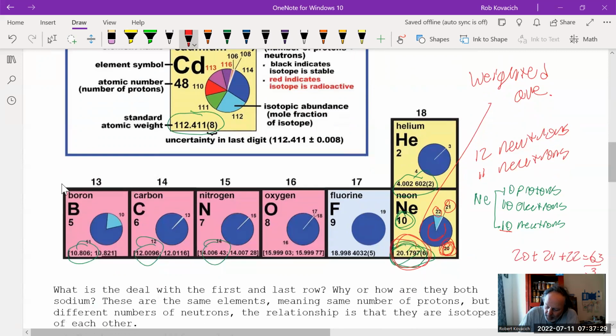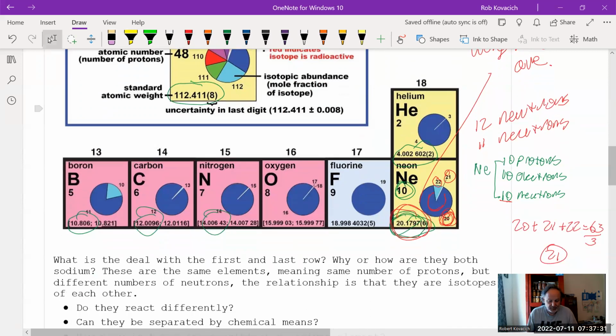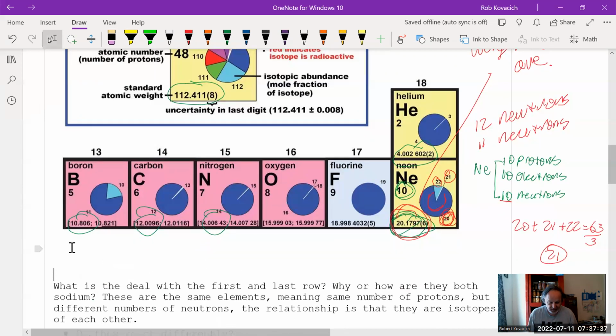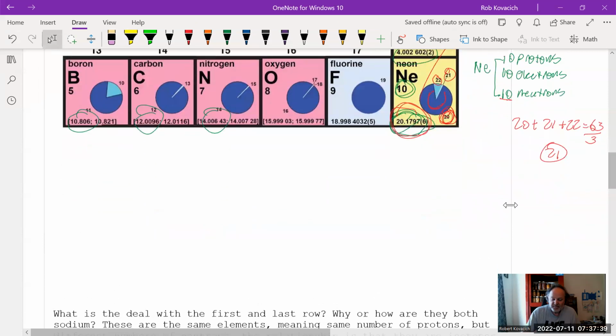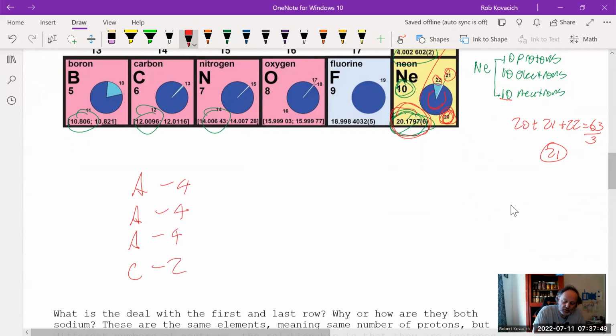So another way to think about this is with grades. If this quarter you got an A and an A and an A and a C, A's are worth 4 and C's are worth 2.